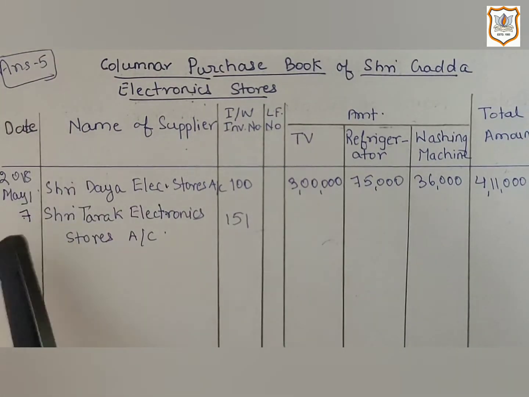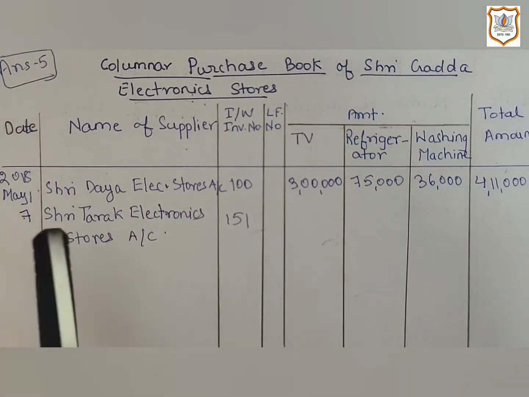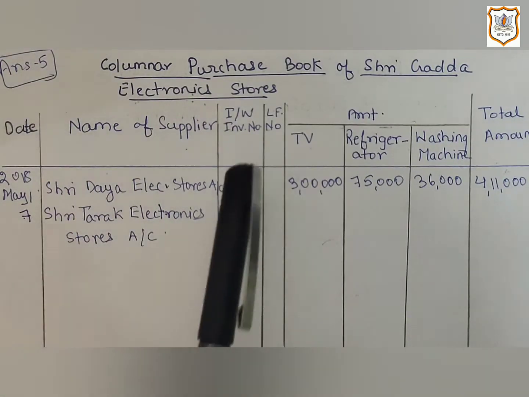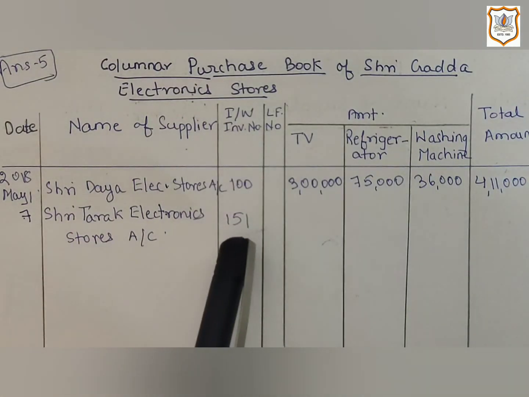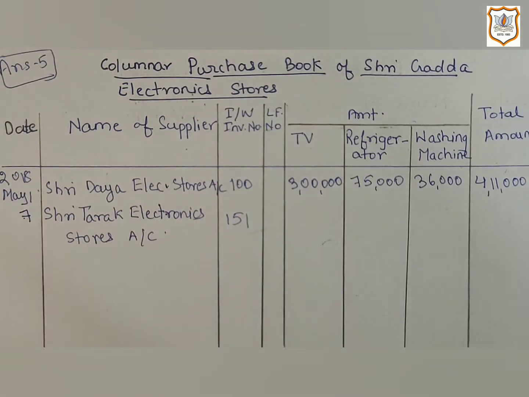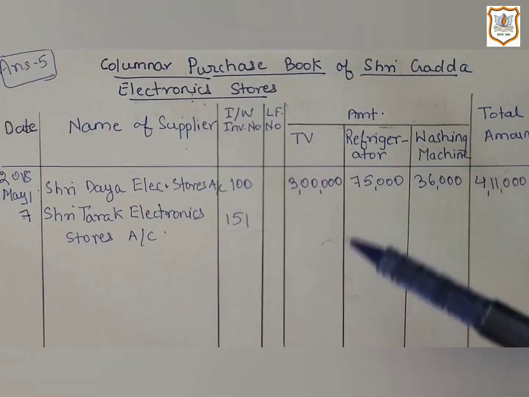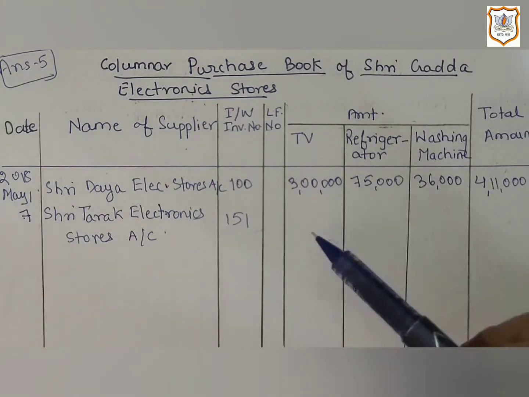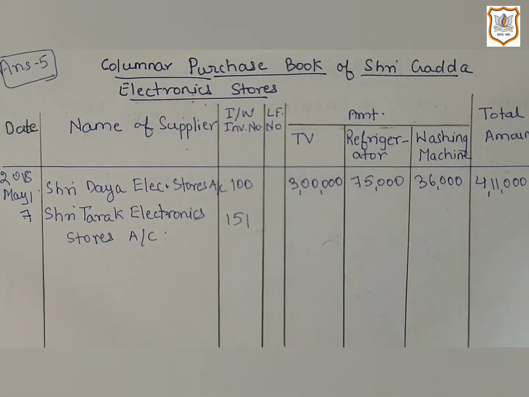So first we will enter the date, then the name of the supplier, that is Shri Tarak Electronic Stores, then the inward invoice number which is given in the question, that is 151. Now we will record the amount of each goods in an individual column. Here 5 TV sets have been purchased and the price of one TV set is 25,000.